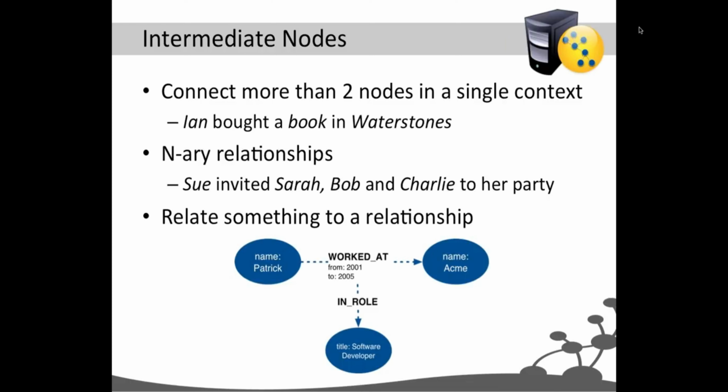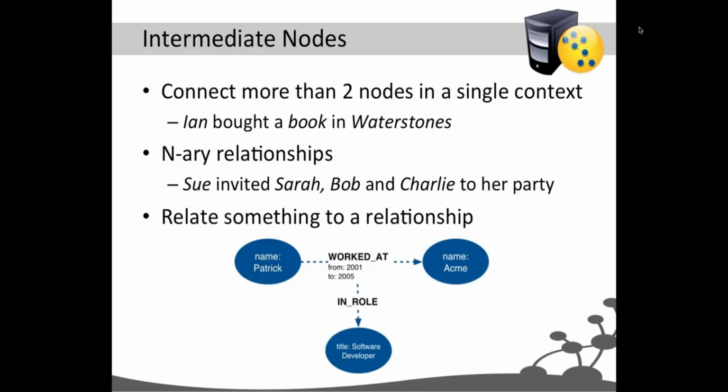So the first thing here is what I call intermediate nodes. Here are several different common requirements. The first is that you want to connect more than two entities, or more than two nodes, in a single context. So imagine, here's a description: Ian bought this particular book in Waterstones. Okay, so we've got three different things here.